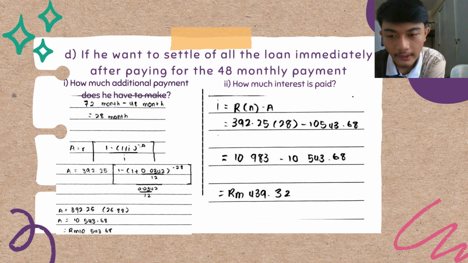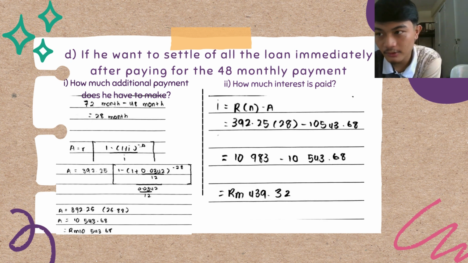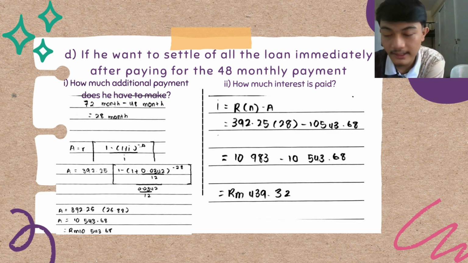So A equal 392.25 open bracket 26.88 close bracket and A equal 10,543.68.